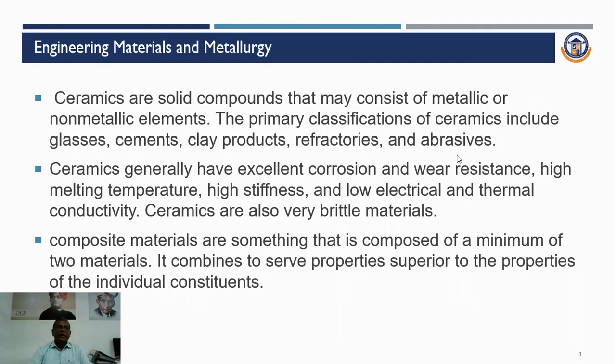So even though we have a lot of materials existing in the world, as far as this subject of engineering materials and metallurgy is concerned, we are more concerned with the materials which are useful for engineering applications, especially mechanical engineering. So that's why we focus more on ferrous and non-ferrous materials, then composites, plastics like that.